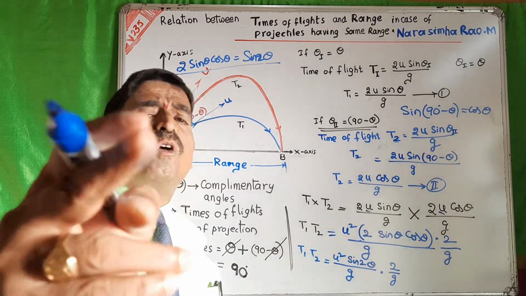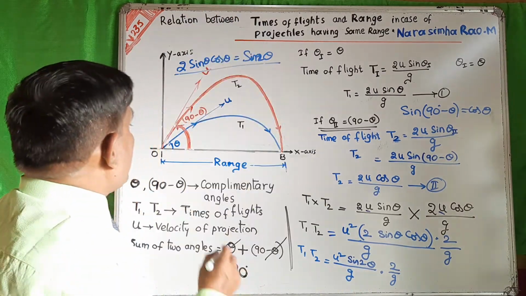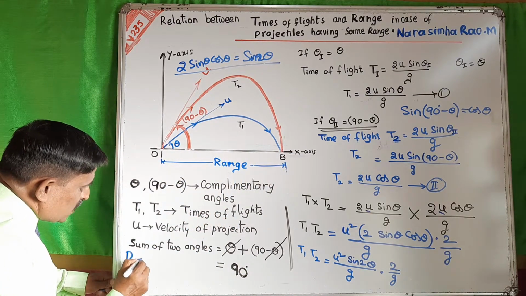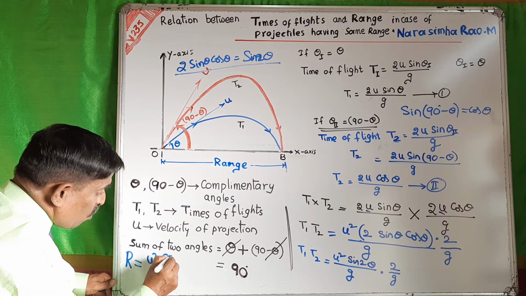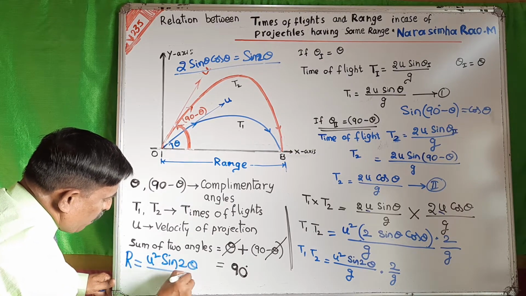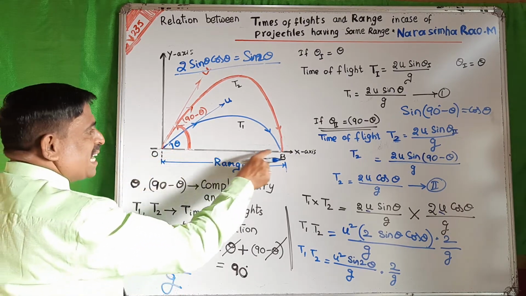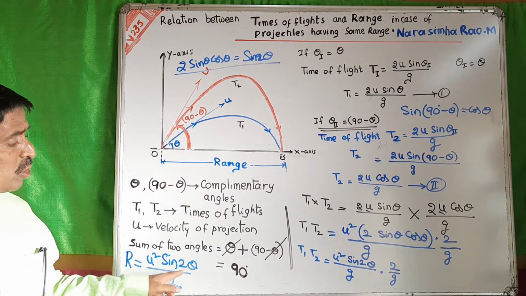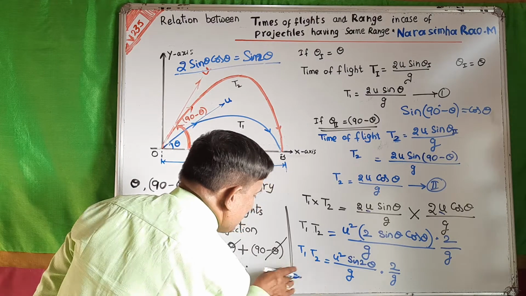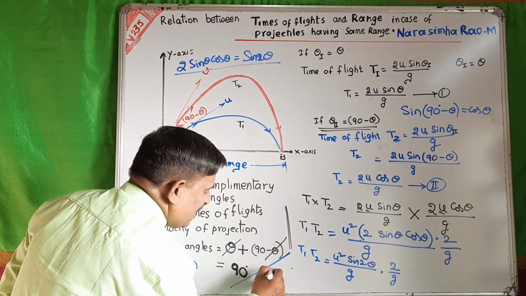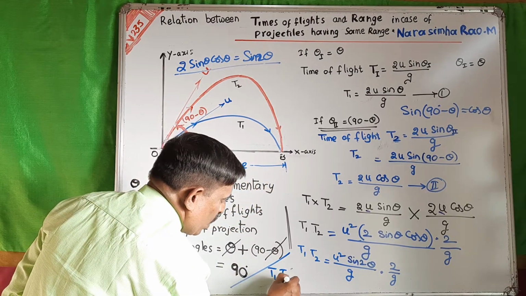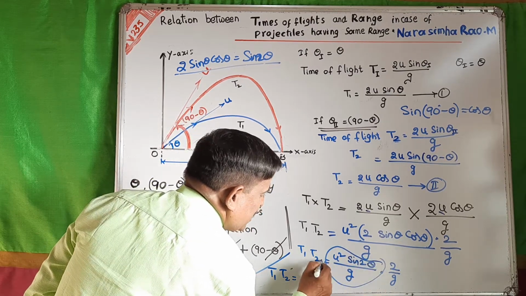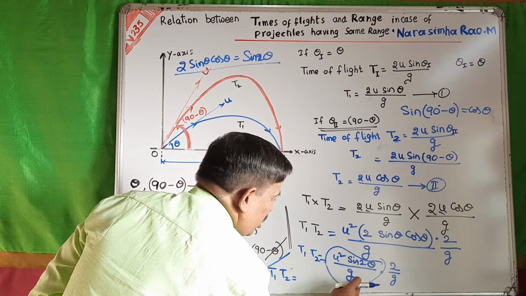It is the formula for horizontal range of the projectile. Horizontal range of the projectile R is equal to u square sin 2 theta by g. Now please listen here. T1 T2 is equal to u square sin 2 theta by g into 2 by g.